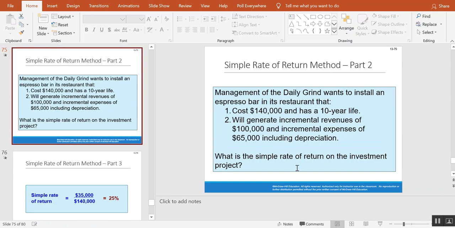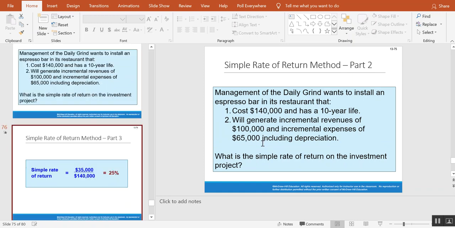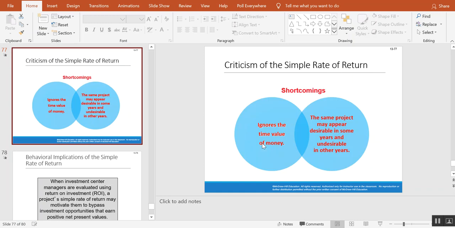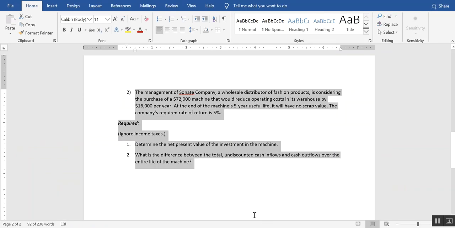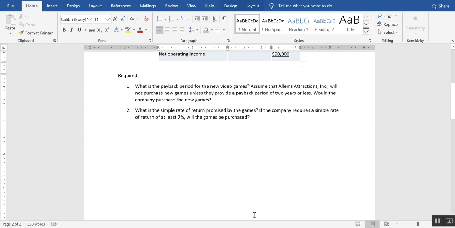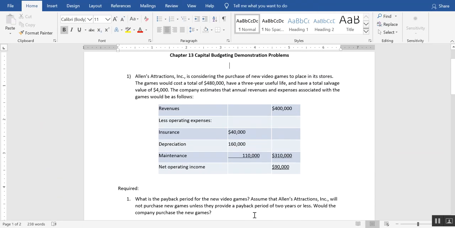It's just the incremental net income, which is the difference between incremental income and incremental expense, divided by the investment in the project. That's all I want to do with the PowerPoint slides here in the video. For now, I'm going to move into this demonstration problem that I have uploaded into the course in Canvas.